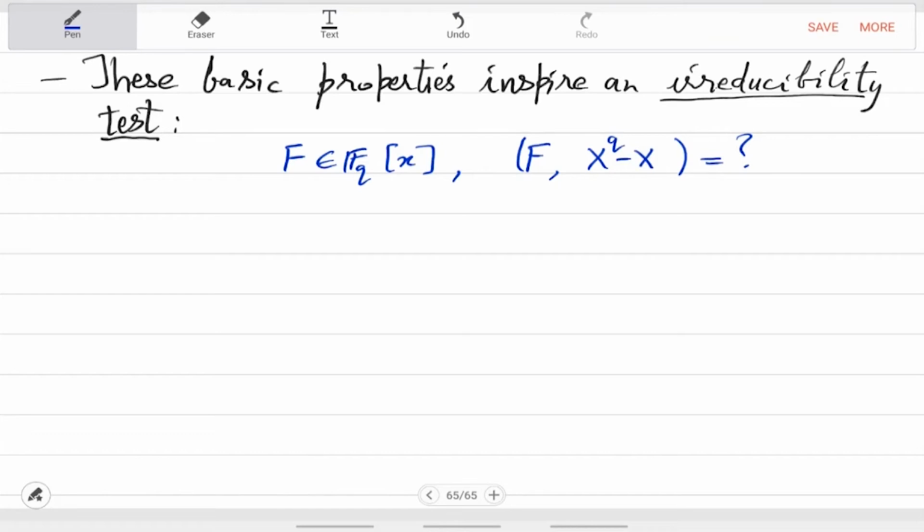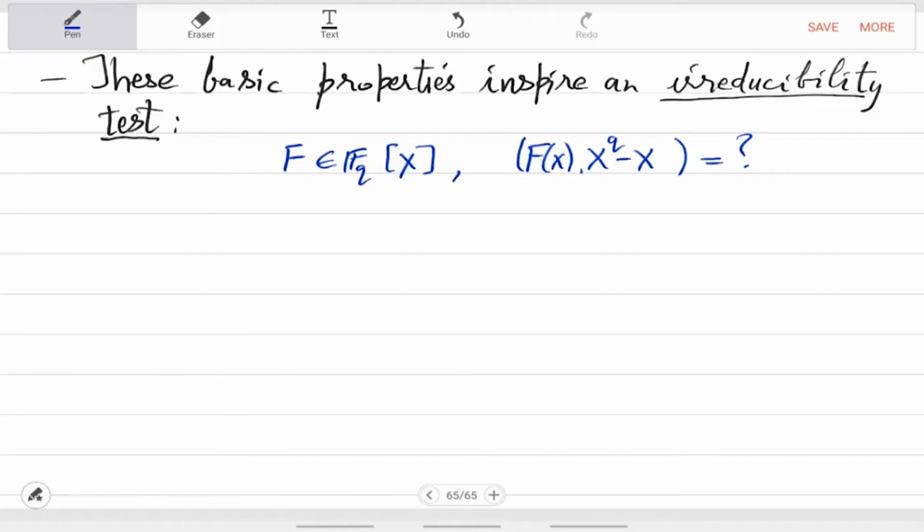So this F, let me make this as before big X. So F is a polynomial in big X. And you compute the GCD of these two polynomials.